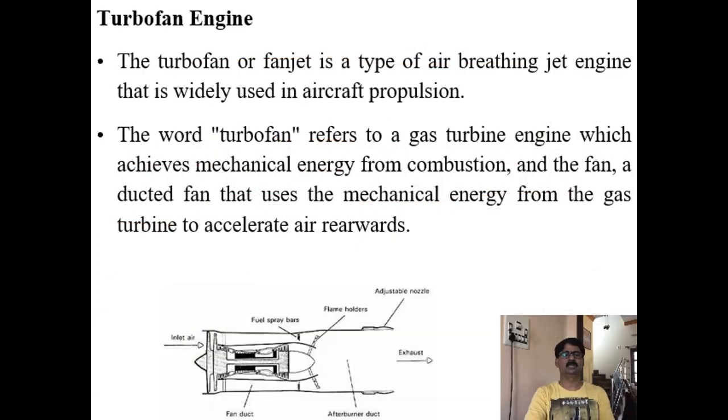Next, coming to the turbofan engine. Turbofan or fan jet is a type of air-breathing jet engine that is widely used in aircraft propulsion. The word turbofan refers to a gas turbine engine which achieves mechanical energy from combustion, and the fan, a ducted fan that uses the mechanical energy from the gas turbine to accelerate air rearwards.